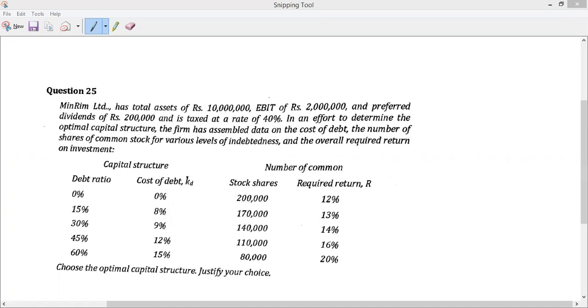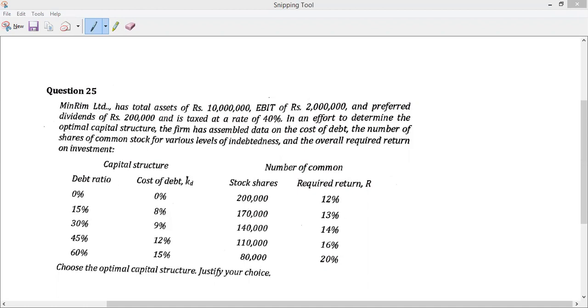Okay, so these stock shares are the number of shares, equity shares. Stock shares are number of equity shares. You're right. Now there is one more way of calculating this price per share, the market price per share. Now, before we go there, let me stress on why we are calculating the price per share. Here, if you look at the question, it says choose the optimal capital structure.